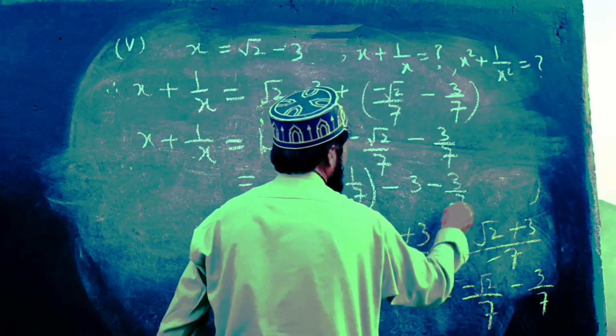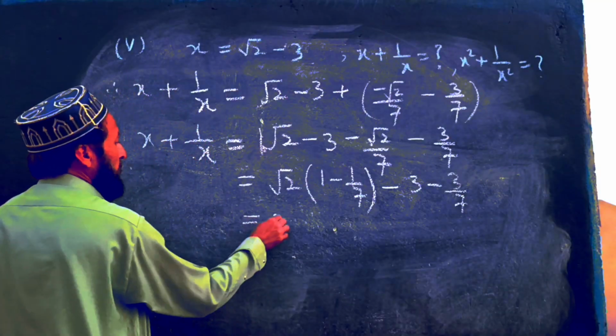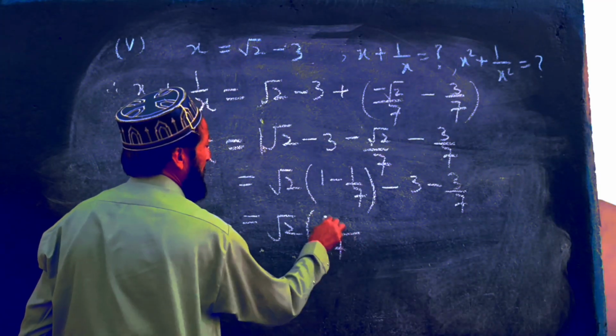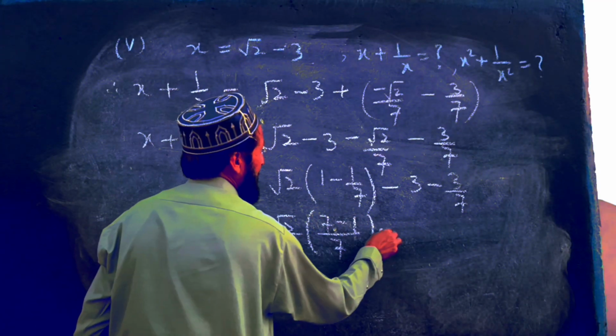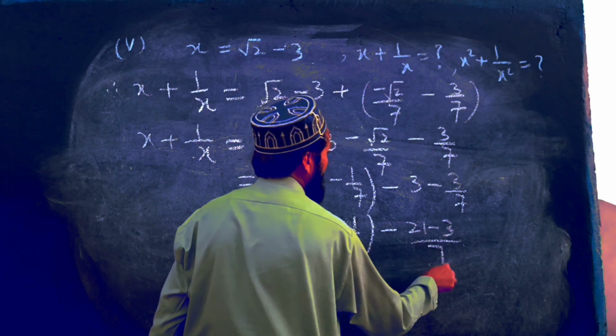we can write in this form. So 2 under the root, if we take common in here, 7 is the LCM, 7 minus 1, and minus in here is also 21 minus 3 divided by 7.